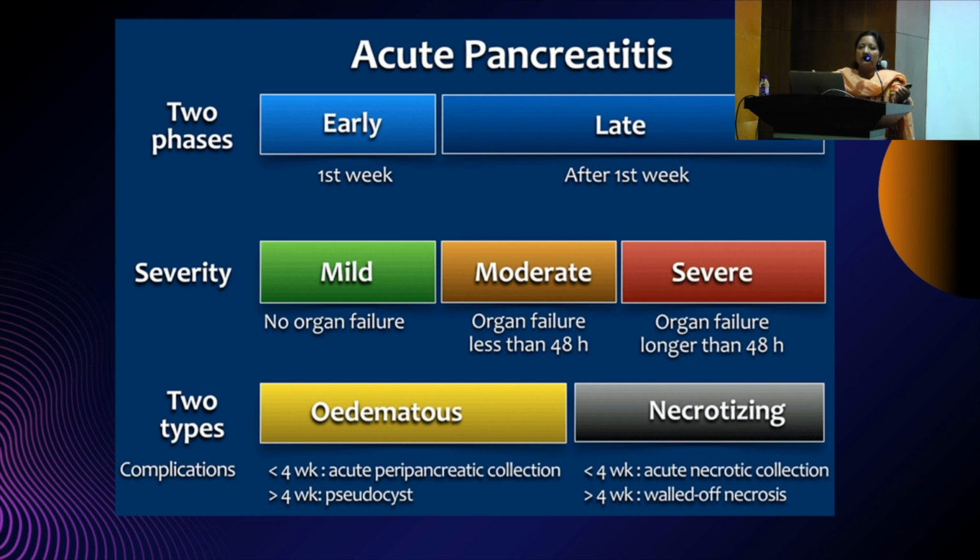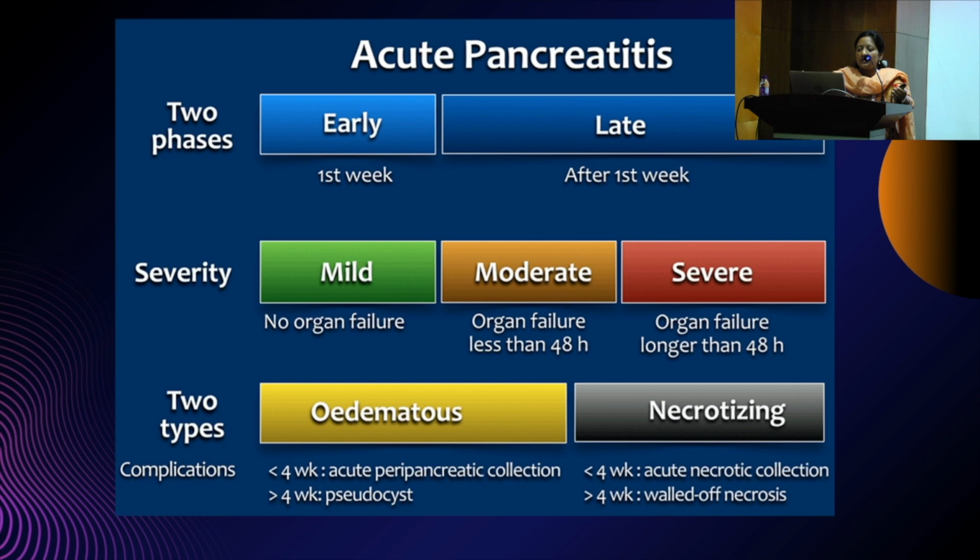The initial phase is usually the first 1 to 2 weeks, followed by a second phase where we see local complications, and a third phase where we see complications because of certain local issues, for example, infected pseudocyst. So understanding the timeline is extremely important. In the first week, the majority will present with systemic inflammatory response, significant end organ failures, and hypotension. It all looks like frank sepsis, but there is no sepsis there. We have to realize that it is all an inflammatory phase.